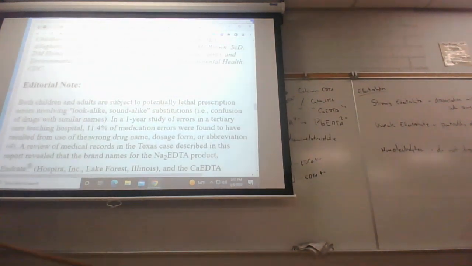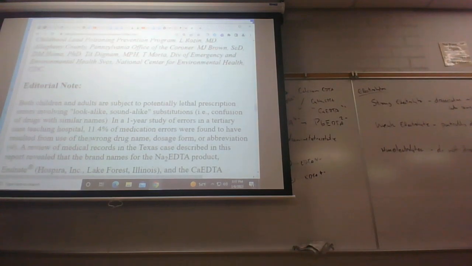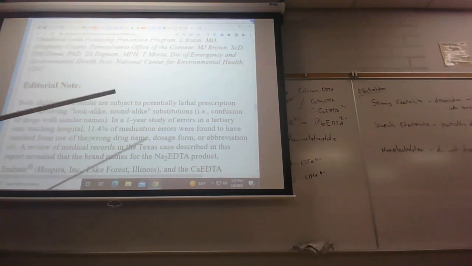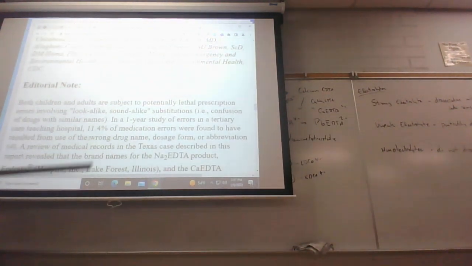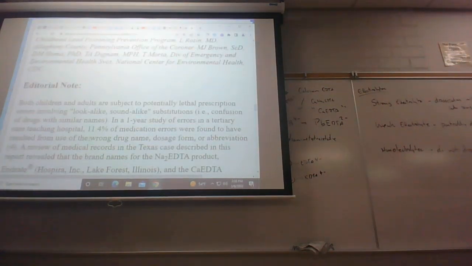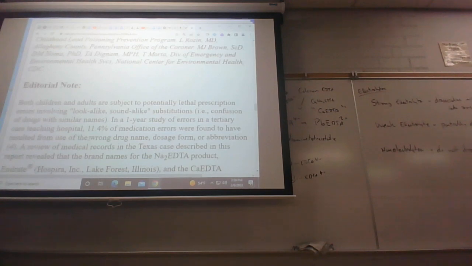Calcium EDTA, sodium EDTA, they kind of sound like the same thing, like sodium hydroxide, magnesium hydroxide. If it wasn't labeled drain cleaner or milk of magnesia, and was just labeled sodium hydroxide, magnesium hydroxide, think of how easily those can be confused. Well, the same thing happened with sodium EDTA and calcium EDTA.